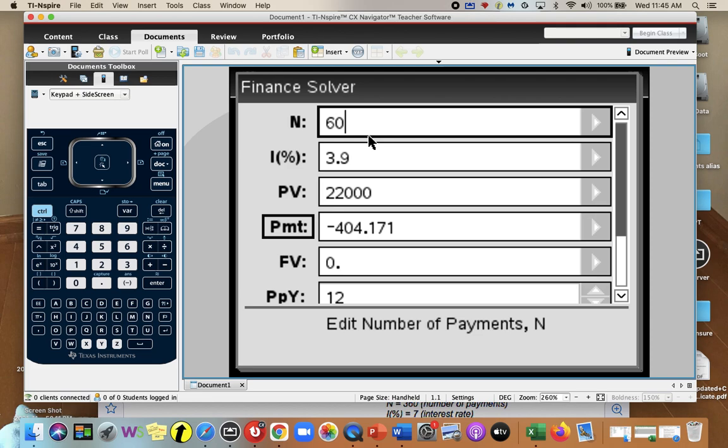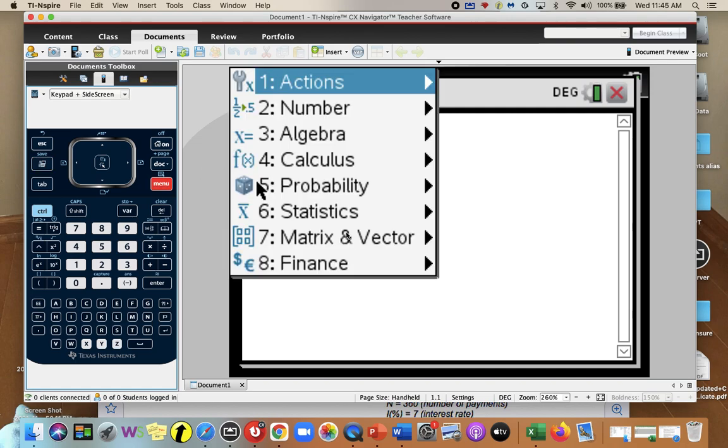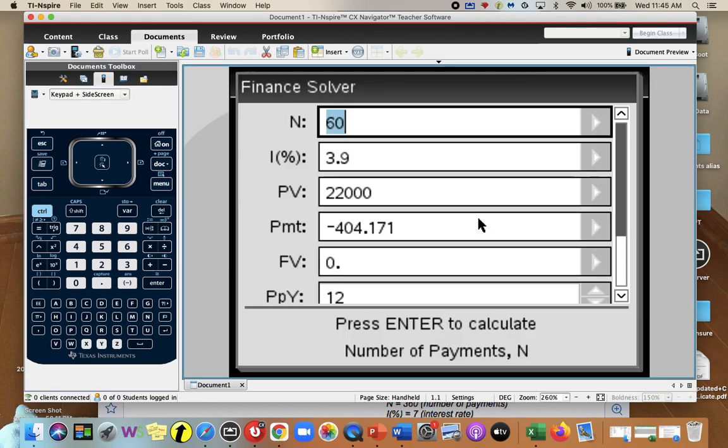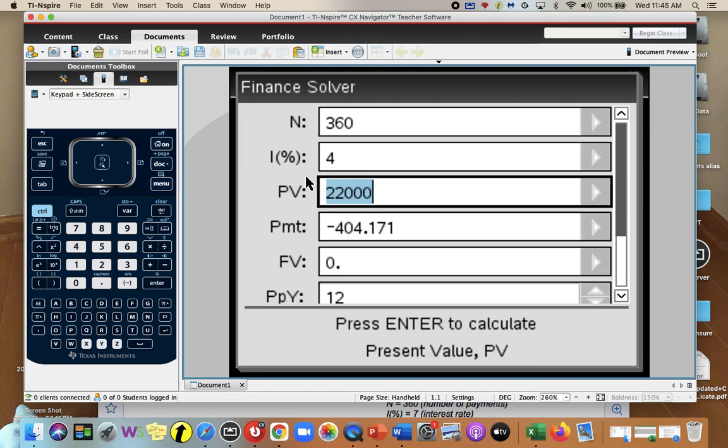Okay, so I'm just going to adjust here. Again, to get to this window, if you're on Scratchpad, you just go to, let me escape out of this, menu, and it's under Finance and Finance Solver. This time 360 months, hit Tab to get to the next. Our loan rate was 4%. The loan amount is bigger, $320,000. I'm going to tab over this.